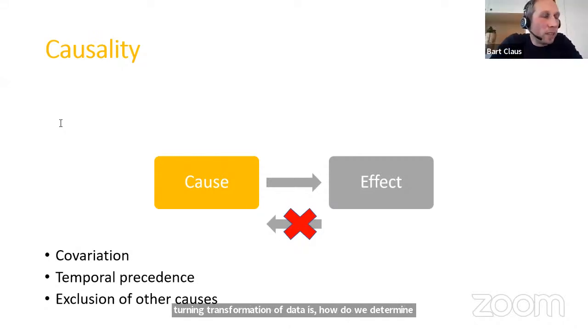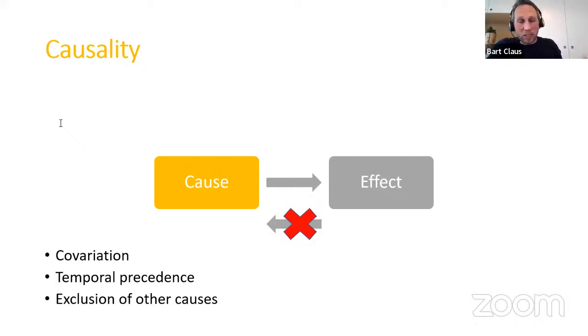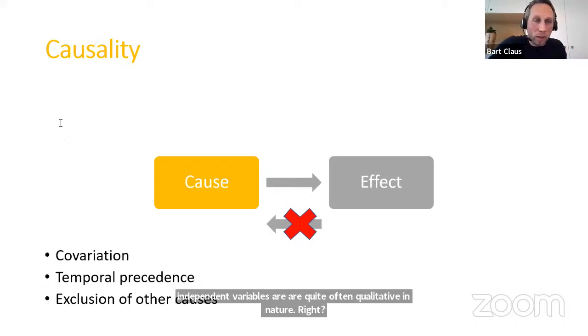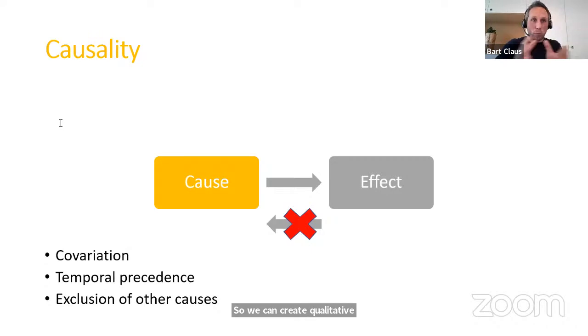So if I understand the example correctly, then what you're talking about is measuring that experience, right? Which means that the experience is actually the dependent variable and not the independent one, right? Independent variables are quite often qualitative in nature, right? We can create qualitative differences between different groups of people or different groups of stimuli that people are encountered with.